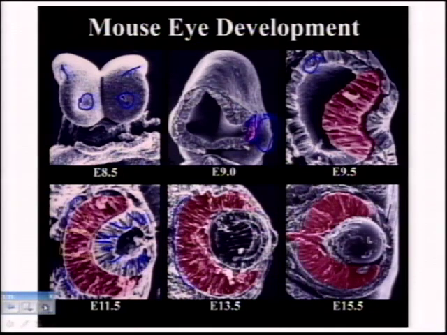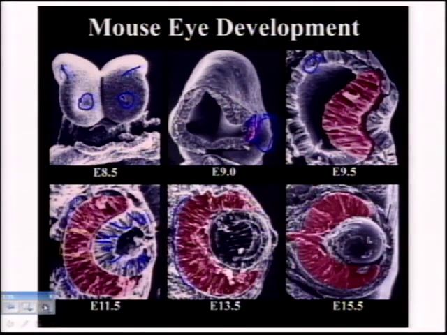And many retinal pathologies are involved with defects in this pigmented epithelium. How the pigmented epithelium and the neural retina are formed from this neural tissue is also fairly well known now, but we're not going to talk about that today. We're going to focus on the development of the retina.